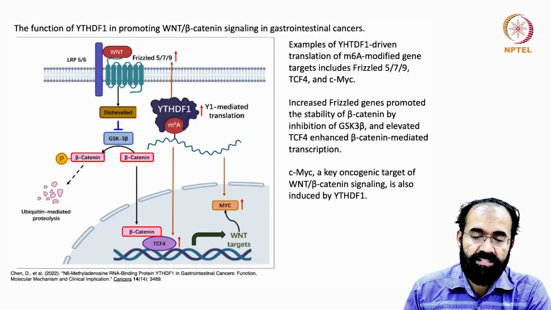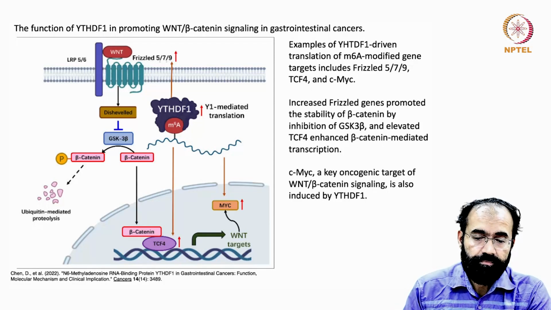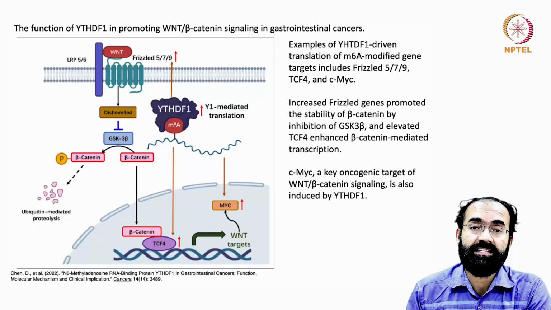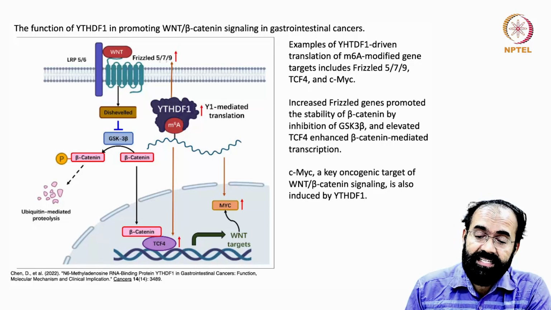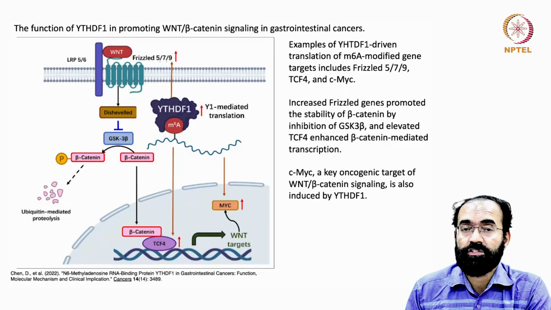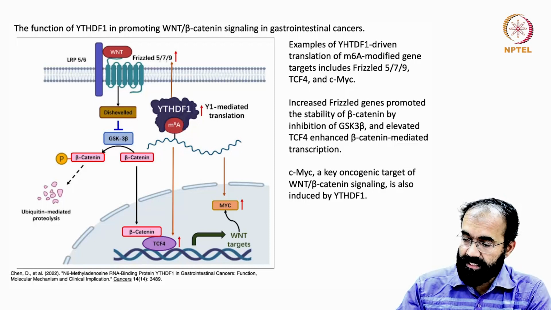So increased frizzled genes promote the stability of beta-catenin by inhibition of the enzyme GSK3 beta, and elevated TCF4 is present in the cell, because that RNA also is modified, and the beta-catenin mediated transcription is facilitated.